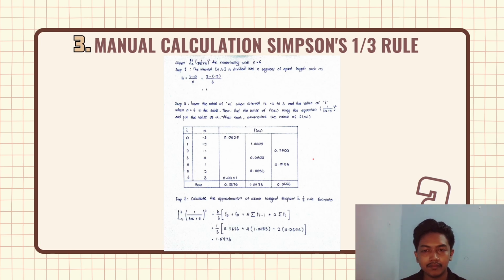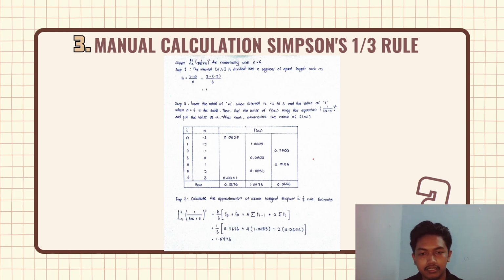So we put 3 minus negative 3 over 6, and we got 1. For step 2, we insert the value of x when the interval is negative 3 to 3 and the value of i when n equals 6 in the table. Then find the value of f(xi) using the equation that is given and put in the value of x. After that, sum the values of f(xi).